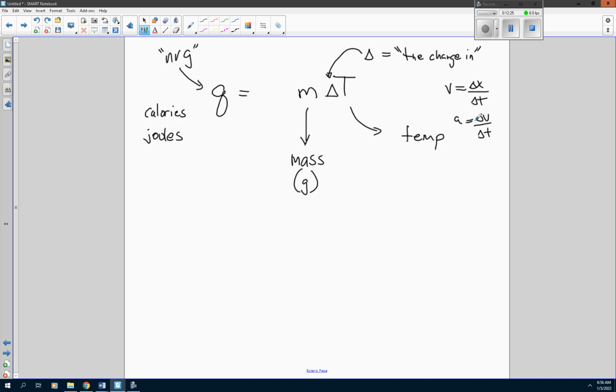Delta x over delta t, delta v over delta t. So delta is the change in. So this variable that we're referring to right now is really the change in temperature. Okay? So before you start thinking that there's actually two variables here, it's not. Delta T just really represents one variable. Now, we'll talk about how to calculate delta T in just a moment, but we actually have another variable.